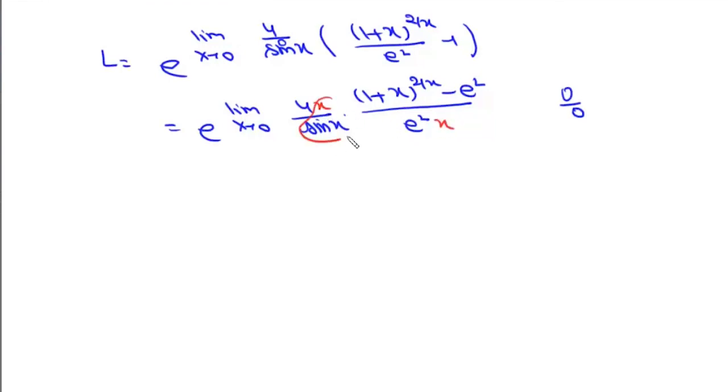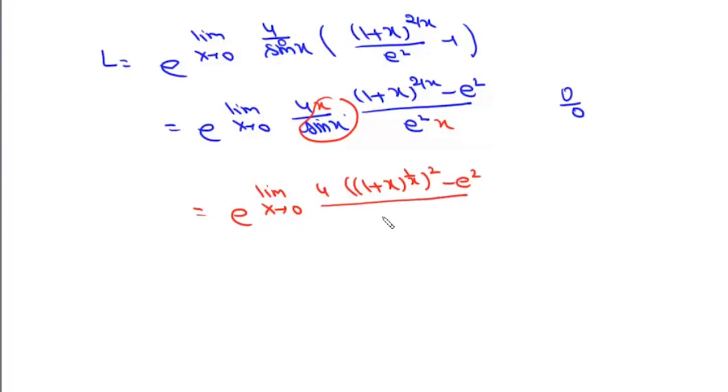Now x upon sin x is 1, so we'll write this as e to the power limit x tends to 0, and this is 4, and we'll write this as ((1 plus x) to the power 1 by x) whole square minus e square upon e square x.